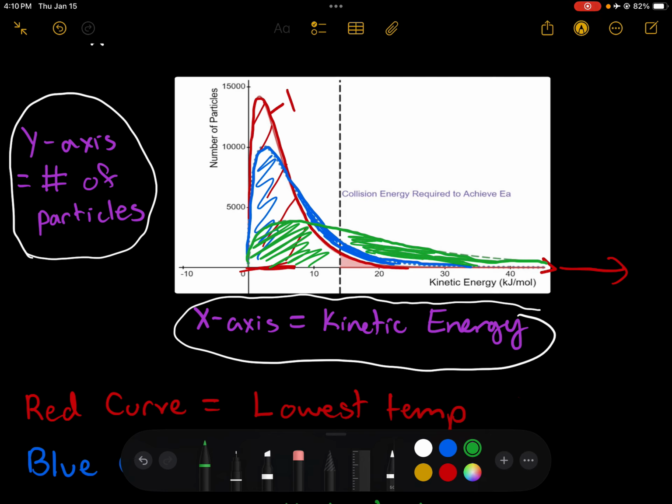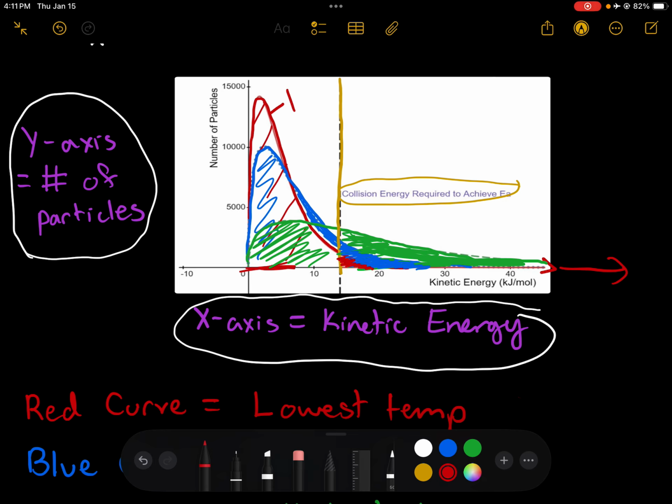So if we consider that this vertical line represents the collision energy required to achieve activation, or for our reaction to go, the green actually has the most that exceeds that line. Whereas the blue only had a little bit, and the red had even less.